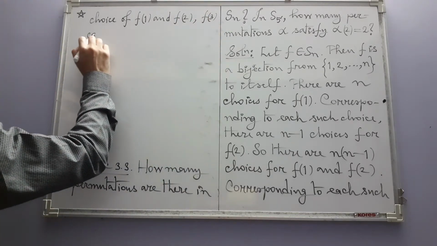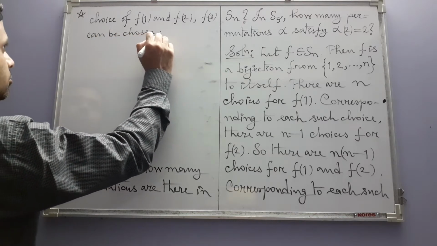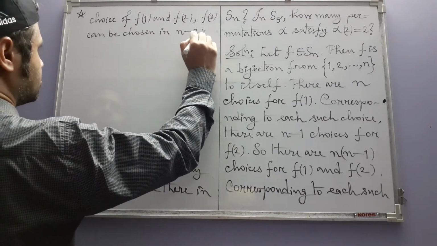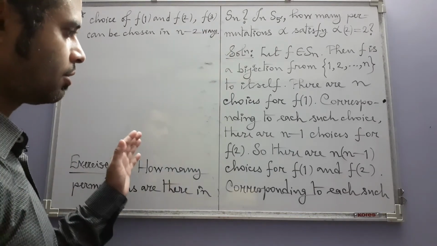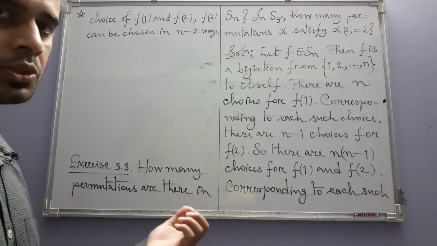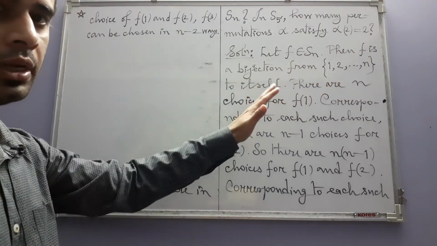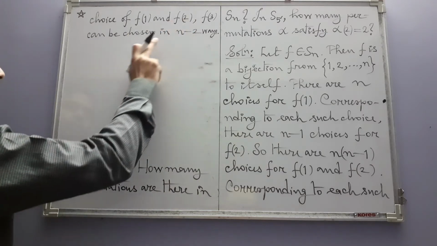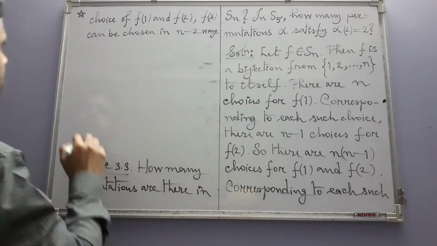f of 3 can be chosen in n minus 2 ways, because f of 1 and f of 2 have already been chosen, so each one of them has captured one value from this set. So we are now left with n minus 2 possibilities, free values to be taken by f of 3. So there are n minus 2 ways now available for getting f of 3.